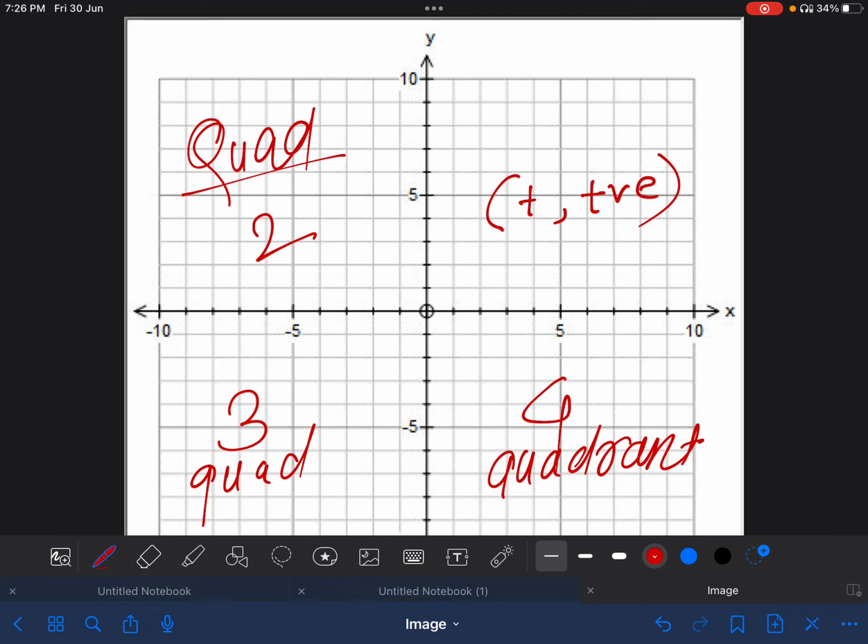X is positive and the value of y is also positive, so the coordinates are positive. Suppose P is the point, where X is positive and Y is also positive.